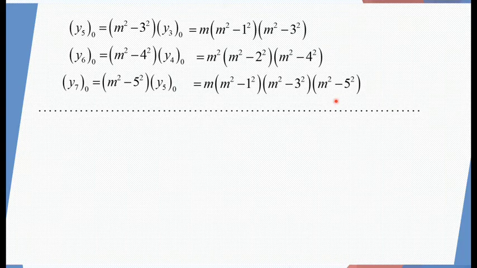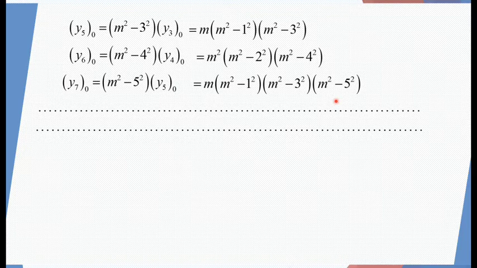So we can proceed in this particular manner. We can get the value of y8(0), y9(0), y10(0) and so on. So there are two kinds of patterns: one is for odd terms and another is for even terms. For the odd terms, we have m into (m square minus odd term square), and for the even terms, we have m square into (m square minus even term square).